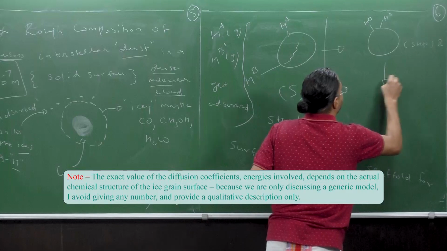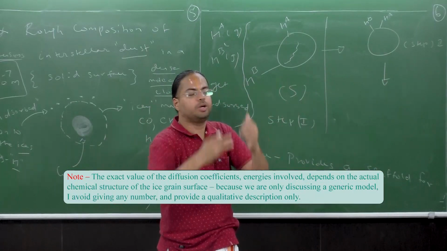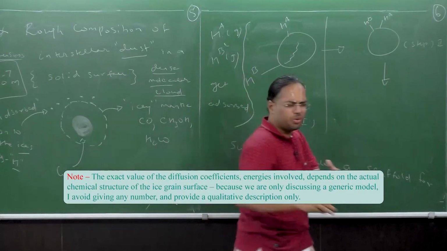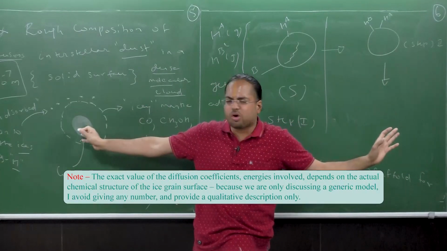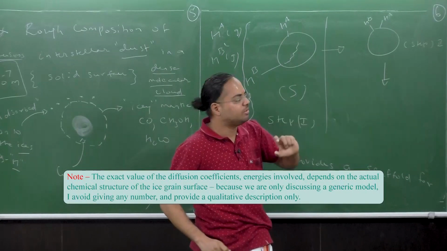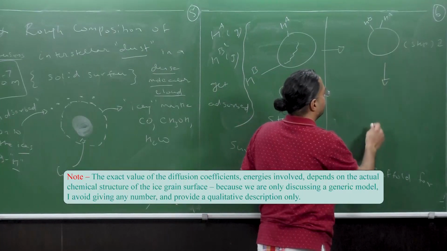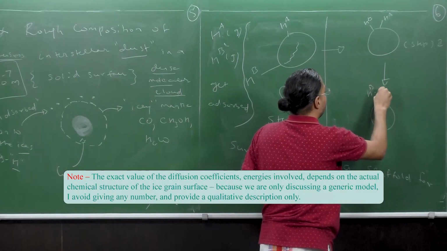Now, what happens is that both these H atoms just combine together, and then they leave the surface by desorption. The exact details depend on the dust composition, the temperature, pressure, etc. But broadly speaking, you have HBHA.